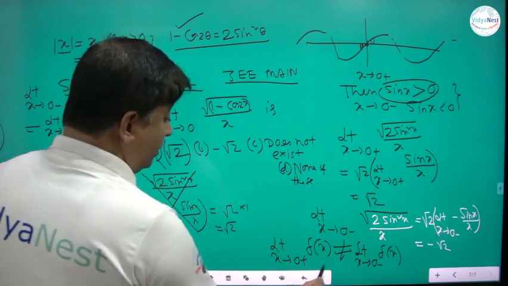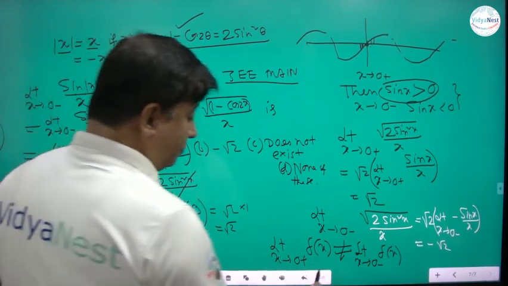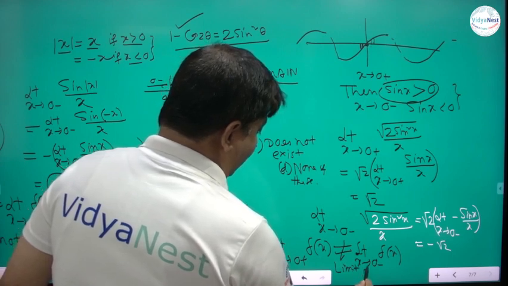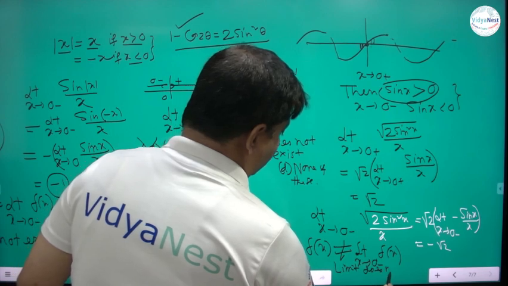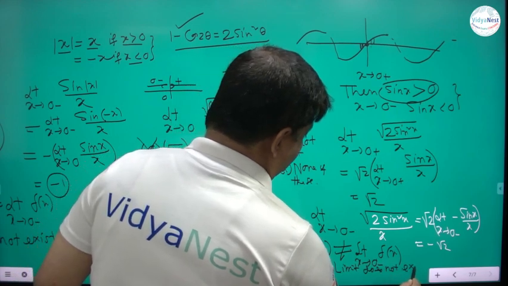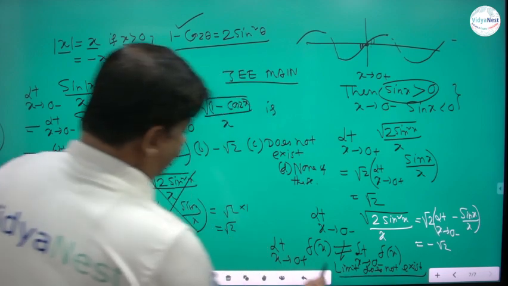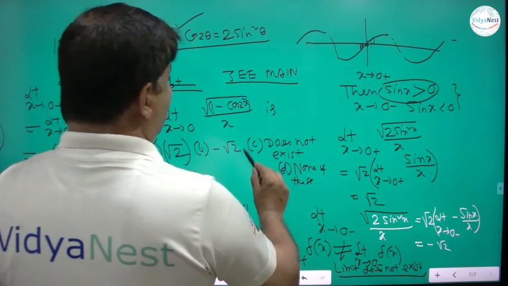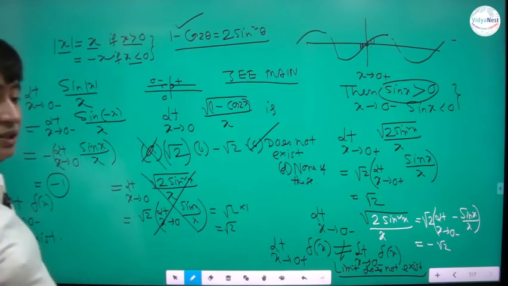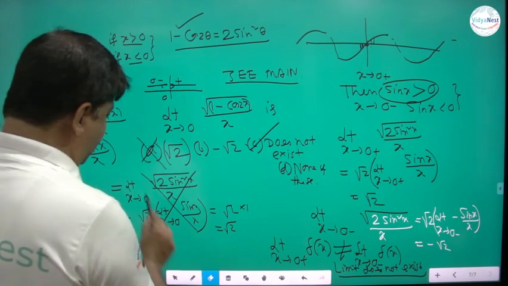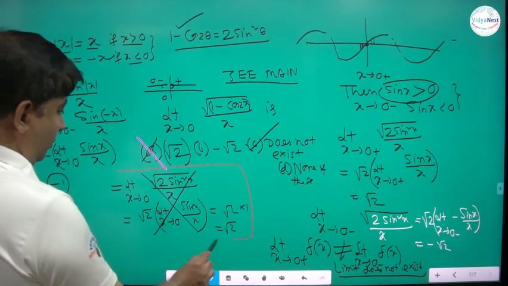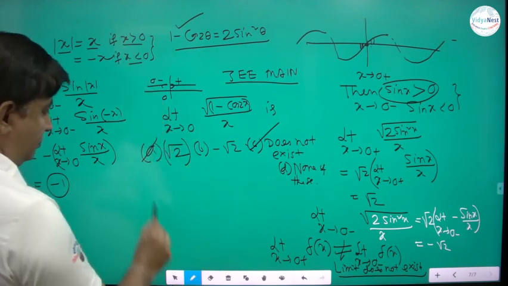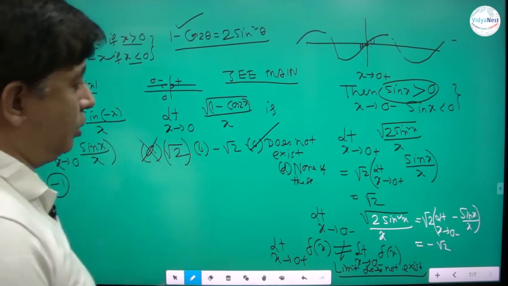So, what conclusion can I draw? The limit does not exist. Which option should they choose? Option C. So this method is wrong. Yes or no? Could you follow this?